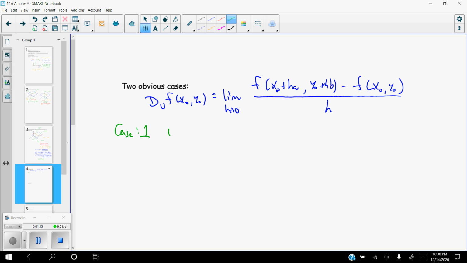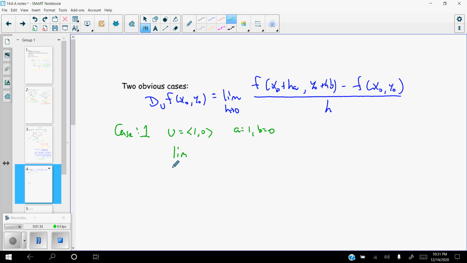So case number 1. What if we let our unit vector be the vector 1, 0? Well, since we've defined the unit vector to be ab, that means that a is 1 and b is 0. So let's fill it in.